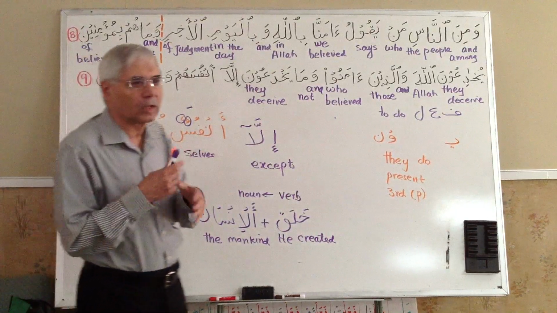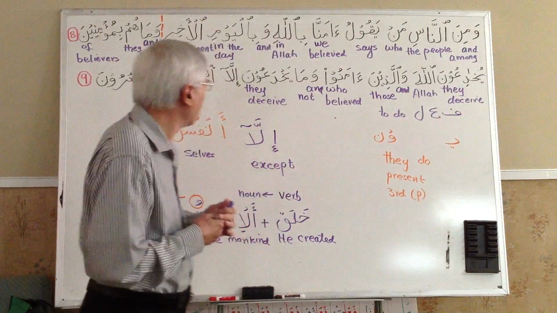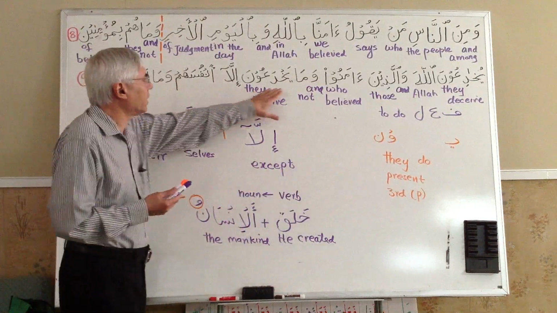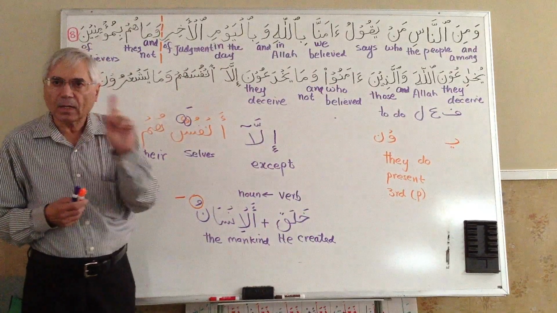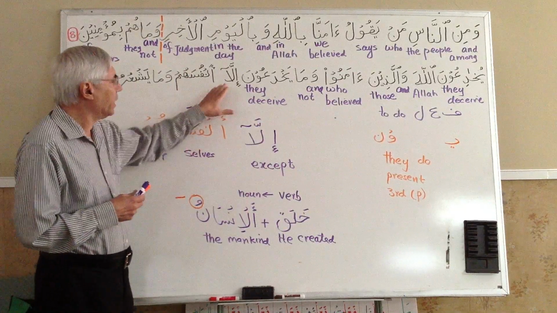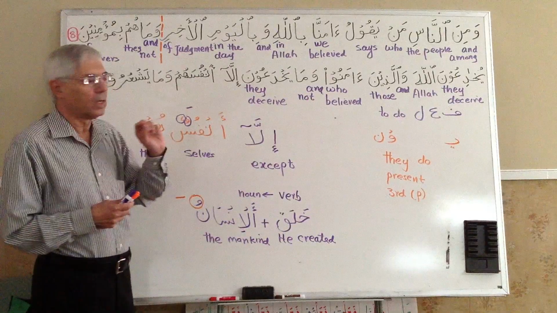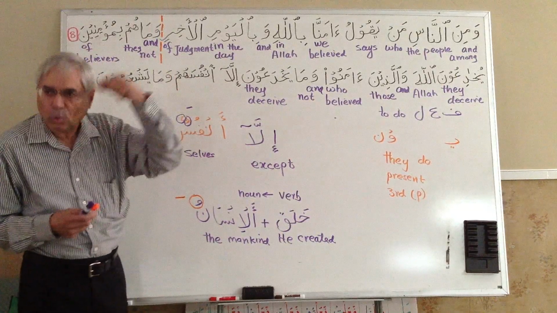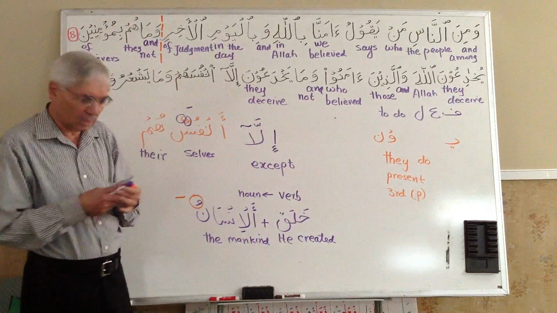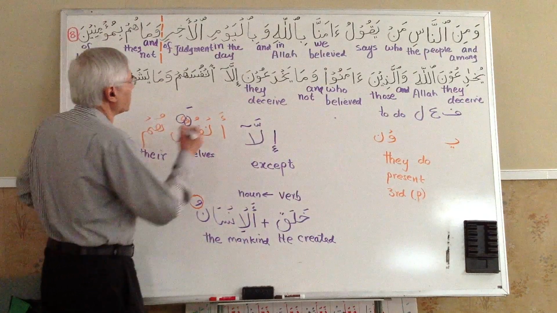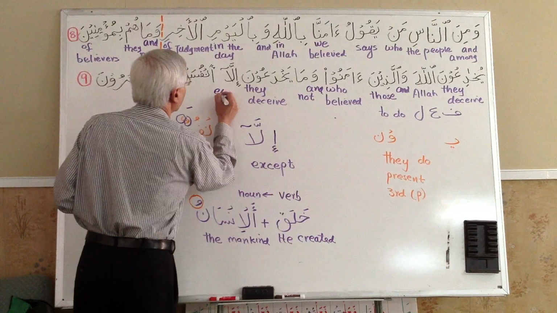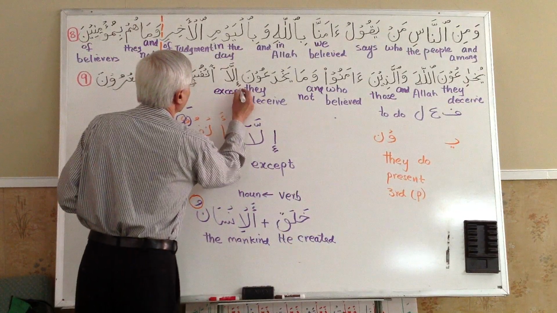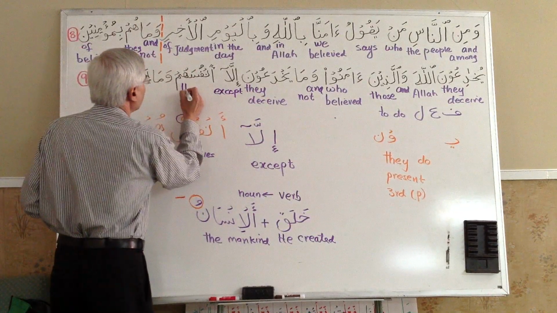The words go together when you make a sentence in Arabic. So Allah subhanahu wa ta'ala is saying, وَمَا يَخْدَعُونَ, they are not deceiving illa except anfusahum, their own selves. So they are not deceiving, or they do not deceive except their own selves.